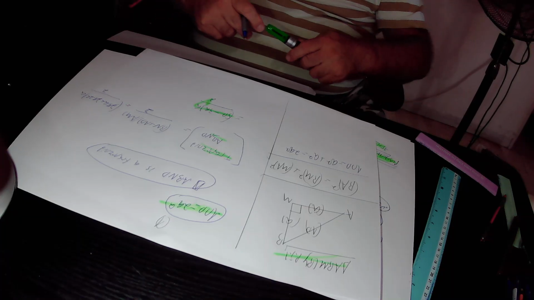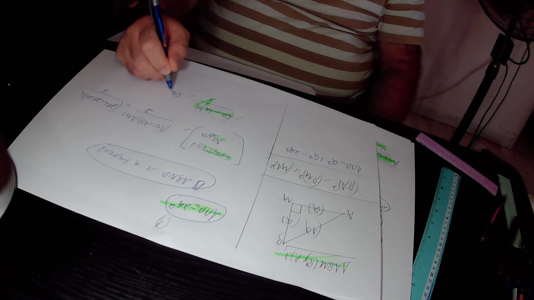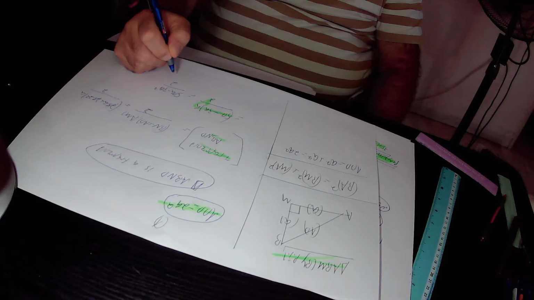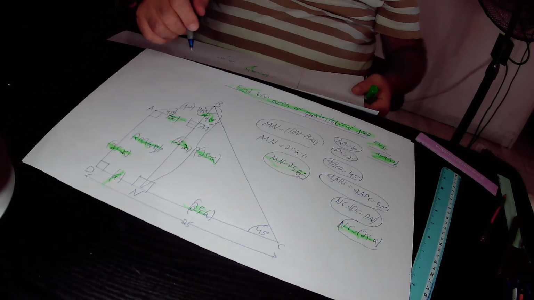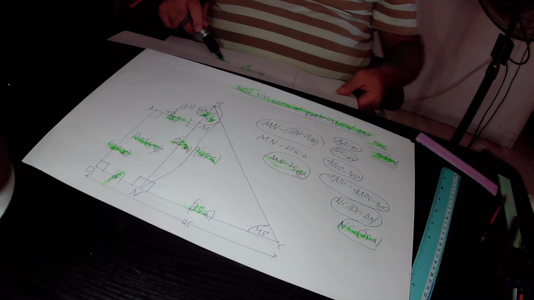Here we open the brackets and we get that 50 times A is 50A, minus 3A times A is minus 3A squared, over 2. So in total we found that the area of this trapezoid ABND is equal to 50A minus 3A squared over 2.